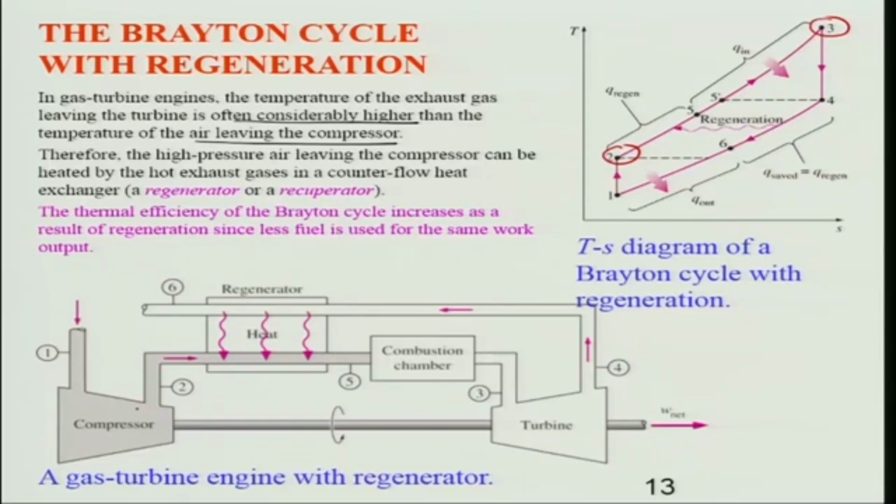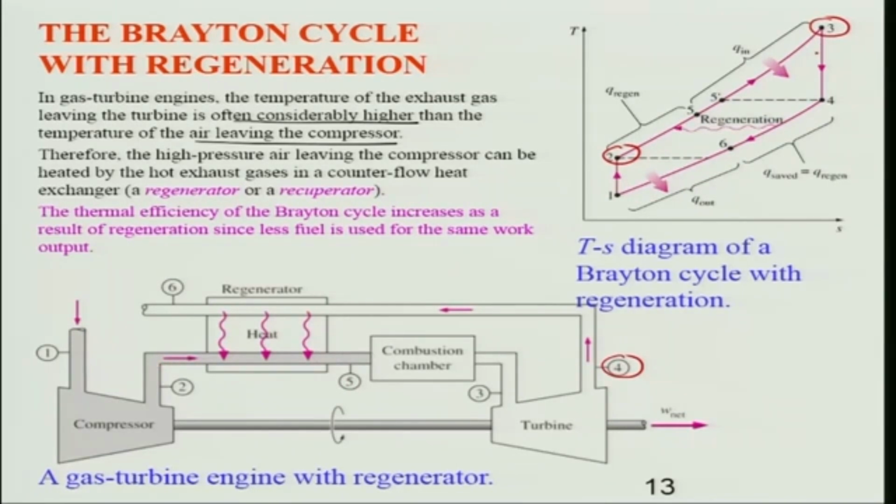You can see here, this is the inlet of the compressor and this is the outlet, which goes to the combustion, and after the combustion the high temperature and pressure gas gets expanded, and 4 is the outlet of the turbine. This exhaust is essentially used to transfer heat to the air leaving the compressor. And this is the presentation in a steady flow condition. By making use of this, we try to increase thermal efficiency because less fuel is now needed to heat the air from the compressor, and this is something we can understand from here.